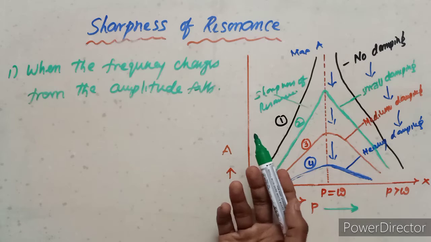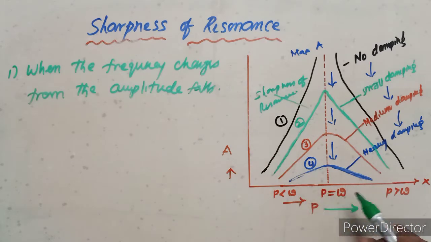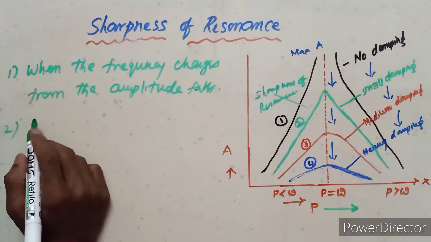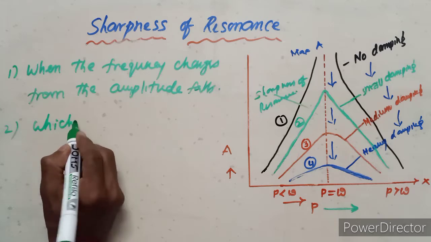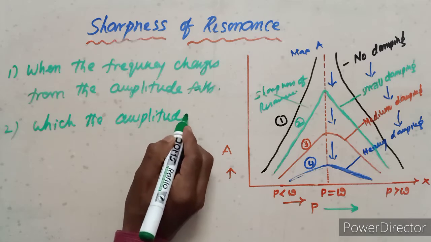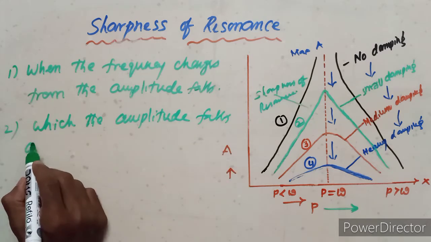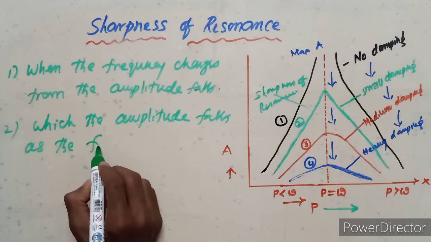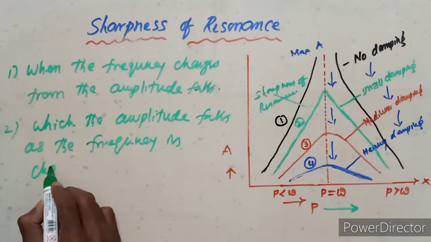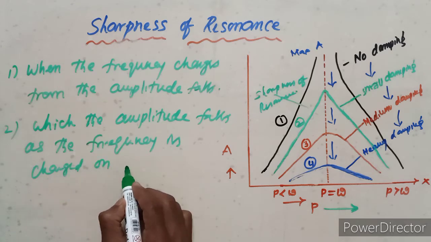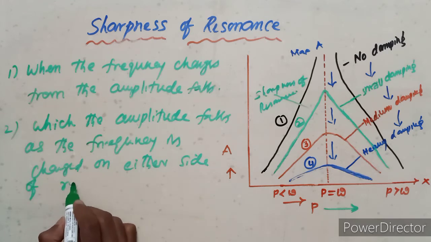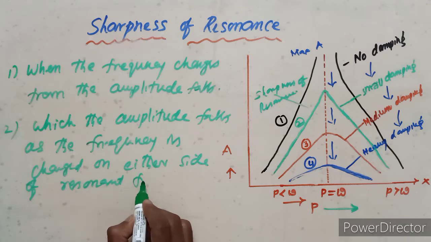In the second point, the amplitude falls as the frequency is changed on either side of the resonant frequency.